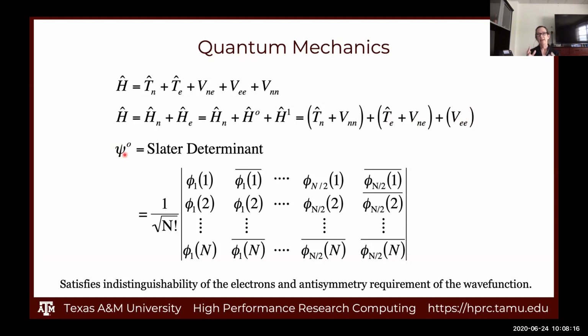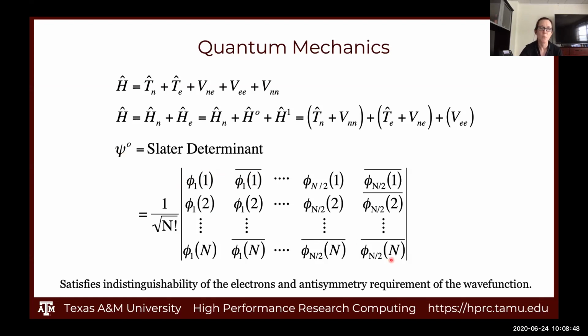But we can't just use a linear equation overall, otherwise we would violate some of the quantum rules. So instead of a single linear form, it's put into a matrix. That's what this Slater determinant is here. These are the different orbitals. This is spin up, this is spin down. So orbital 1, spin up, spin down, up through the n electrons.